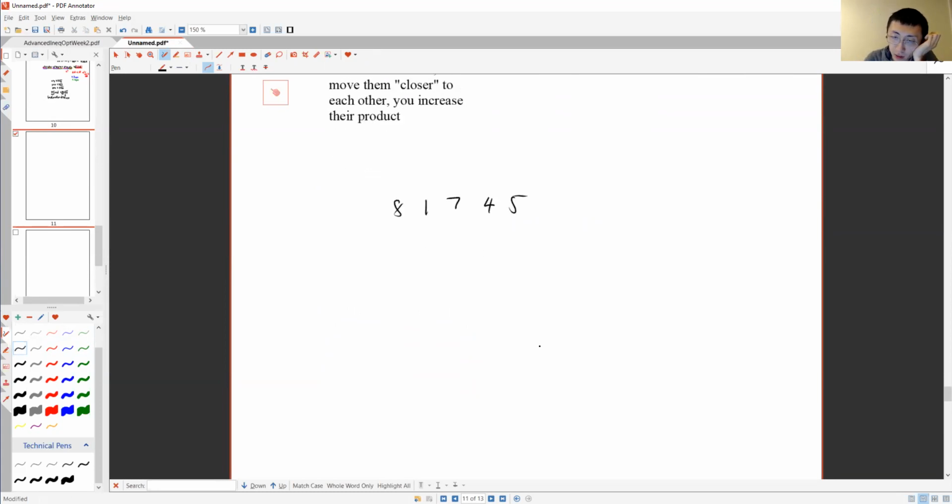So maybe let's graph these numbers. So we have one number, which is 8. We have a number 1. We have a number 7. We have a number 4.